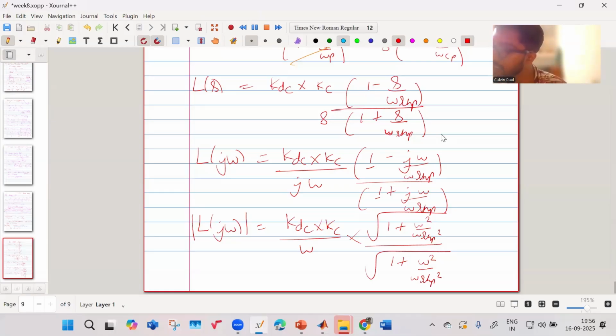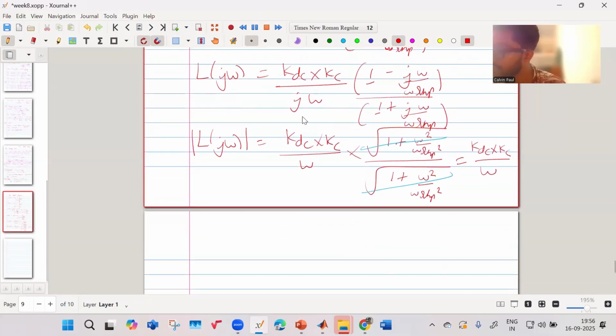What is the advantage with that? The magnitude part gets cancelled. So you get it to be KDC into Kc upon omega. This is the magnitude of L of j omega. This is done, but the work is not over till now. We have to find the angle of L of j omega.